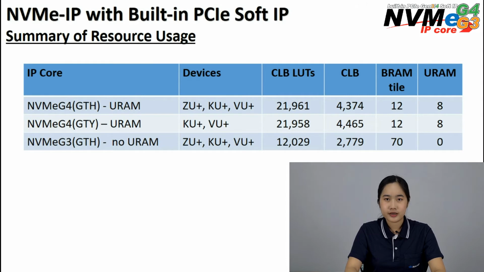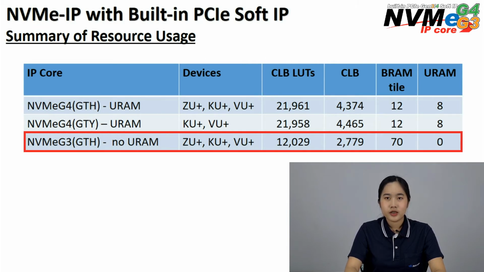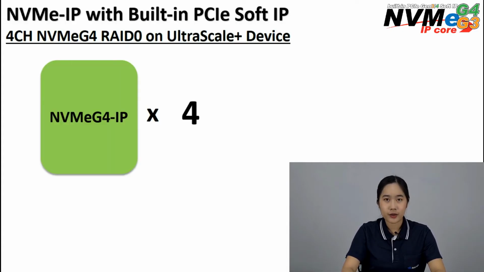For the resource usage, NVMe Gen4 uses about 22,000 CLB LUT, 12 block RAM tile, and 8 Ultra RAM, while NVMe Gen3 uses about 12,000 CLB LUT and 70 block RAM tile. For example, when implementing 4 channels NVMe Gen4 RAID 0 demo design on UltraScale Plus device, it can be assumed that you implement 4 of NVMe Gen4 IP.